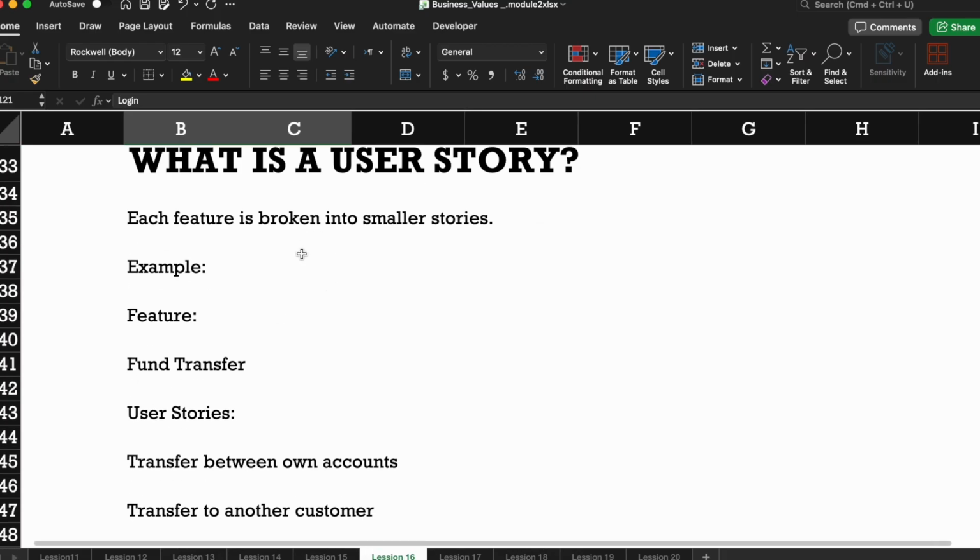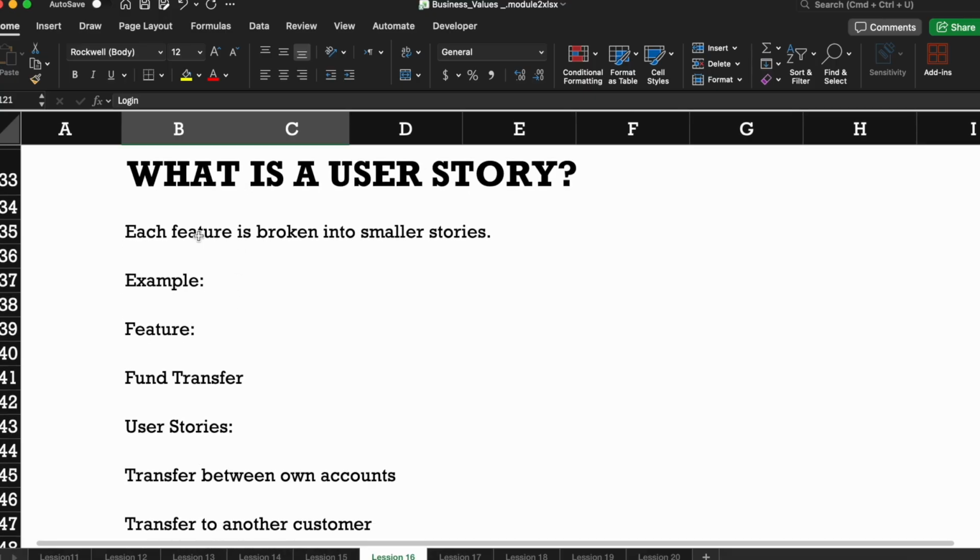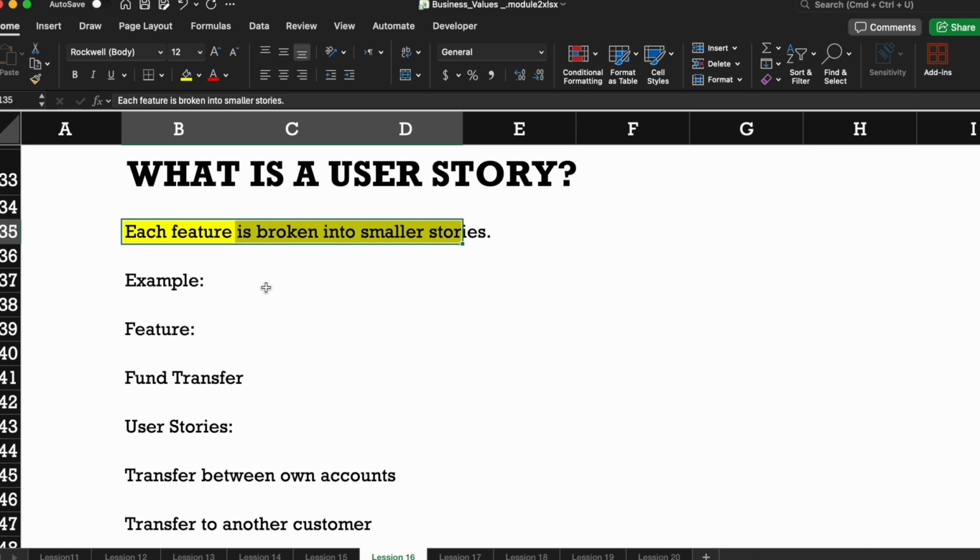Okay, what is a user story? Each feature is broken into small user stories. When candy is being made, they make the formula at a bigger level, in a big container, and they break it into small pieces and wrap them as small consumables. Can you have a chocolate of 100 or 500 pounds?